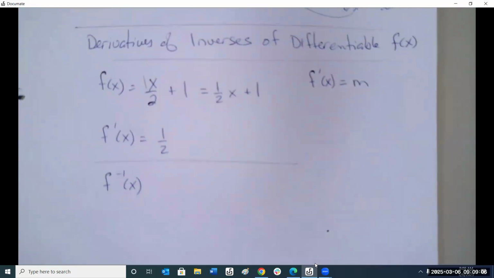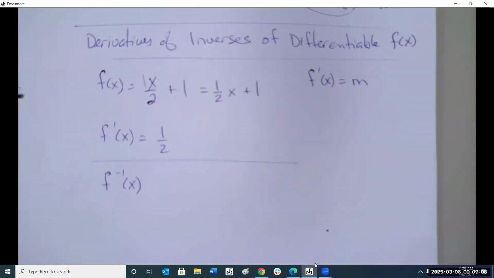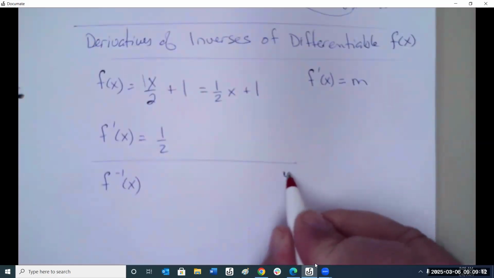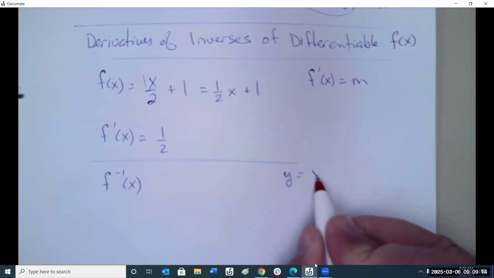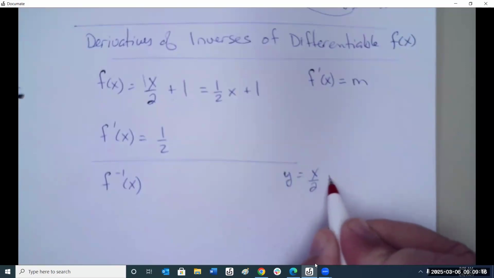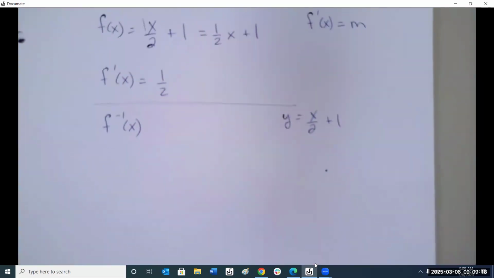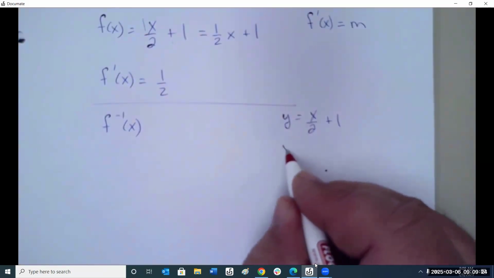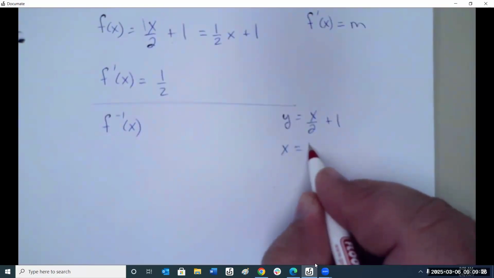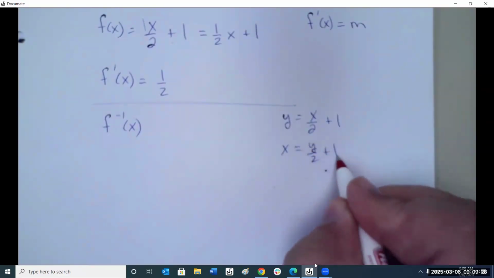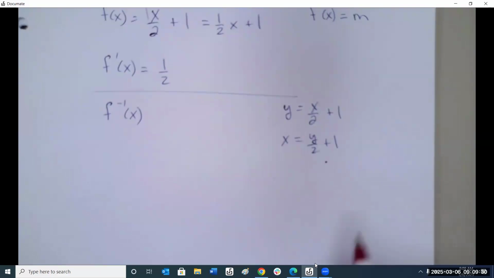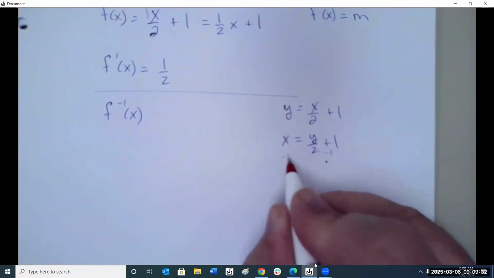So let's find the inverse function. We have y equals x over 2 plus 1. Let's find the inverse. How do we do that? First step, switch x and y. Solve for y. Subtract 1.